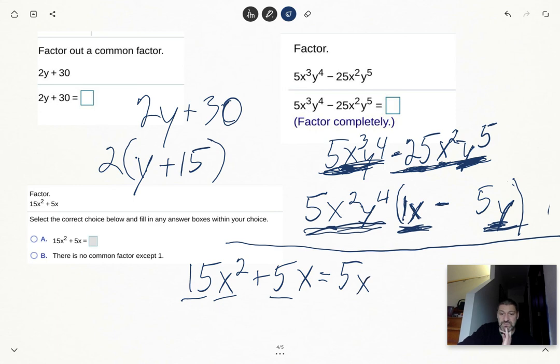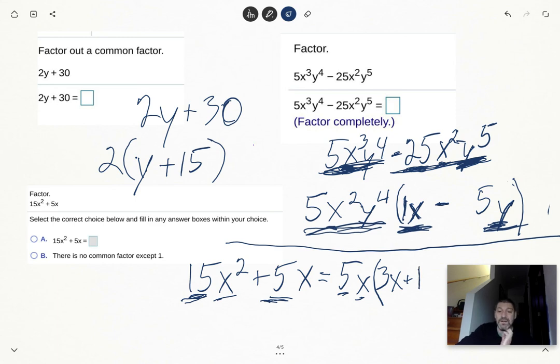What does that leave us with? If I took out a 5 from 15, that leaves us with 3. If I took out 1x from 2 x's, that leaves me with 1x. I took out 5 from 5, which leaves 5 divided by 5, which is just 1.